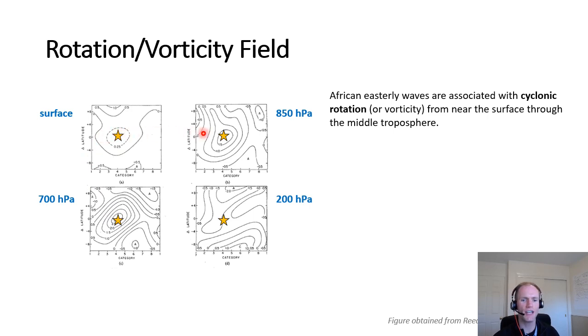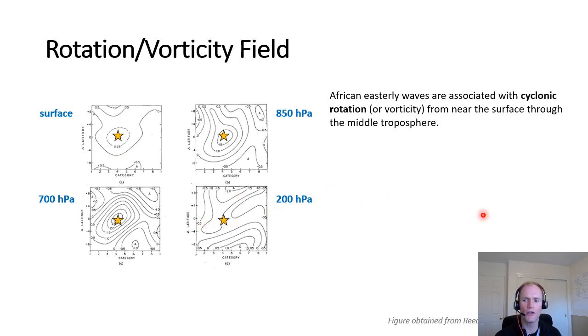So we see cyclonic rotation increase as you go up from the surface to 850 to 700 hectopascals. It's around 700 to 600 hectopascals where the wave's cyclonic rotation is strongest, as we alluded to a little bit earlier.